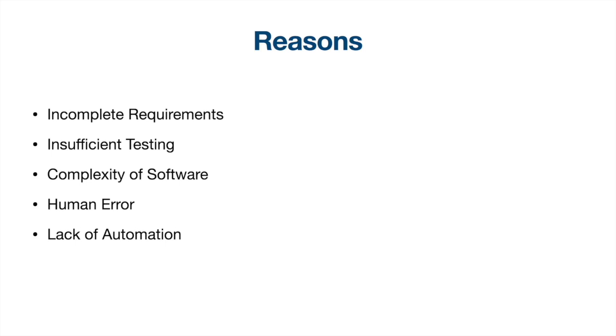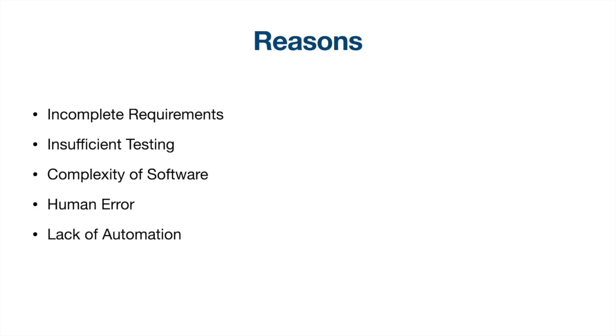The second is insufficient testing. This is the biggest pain area, which management and stakeholders should understand. Sometimes, because of urgency, delays in deployment or deadlines, they say 90% of the time goes to development and give only 10% of the time to testing. This has a huge impact, because if you don't give sufficient time for testing, there might be edge cases and corner cases that are not covered.